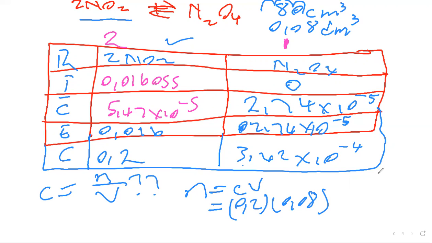The letters X, Y, and Z represent the number of moles in the balanced equation. I'm giving you an equation.